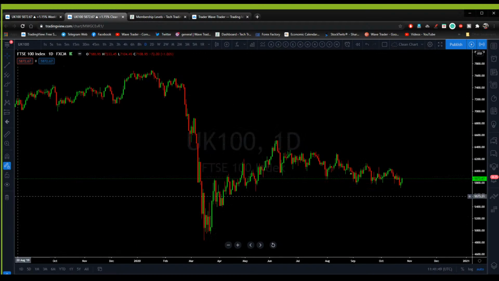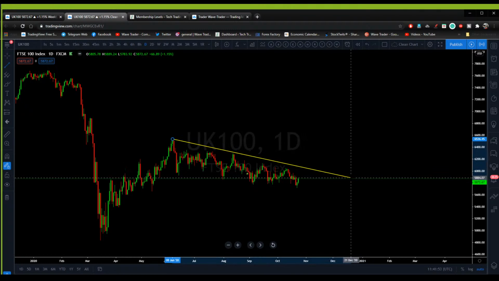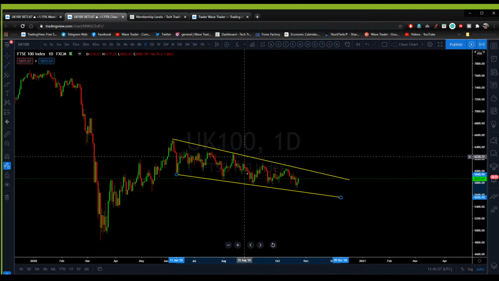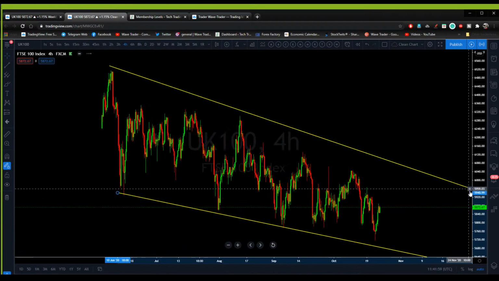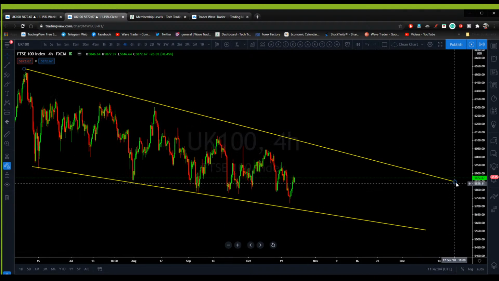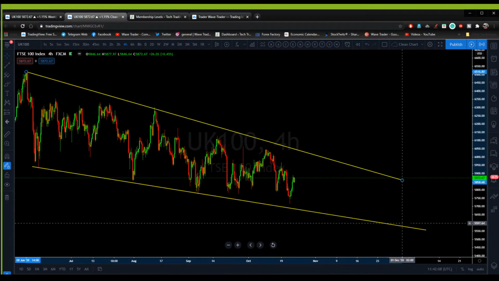So if I put a trend line there, and another trend line there, you are looking for lower lows within these two trend lines for a buy.